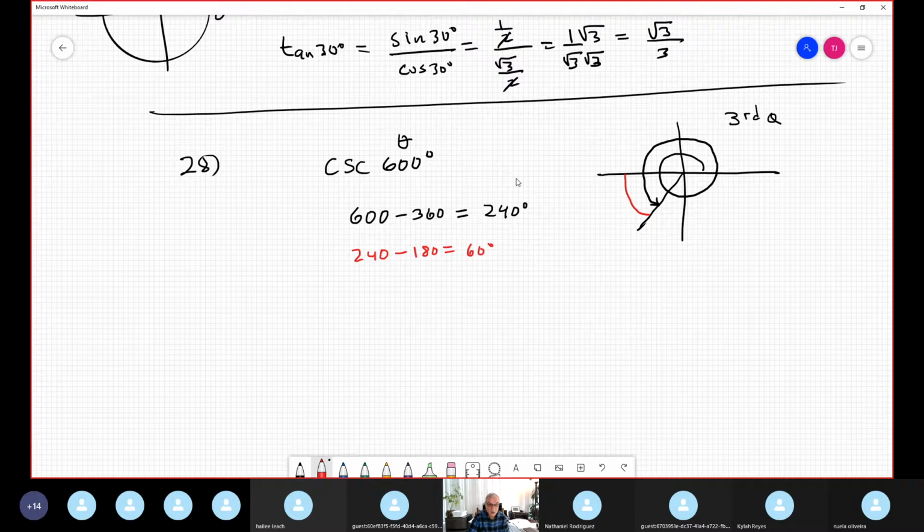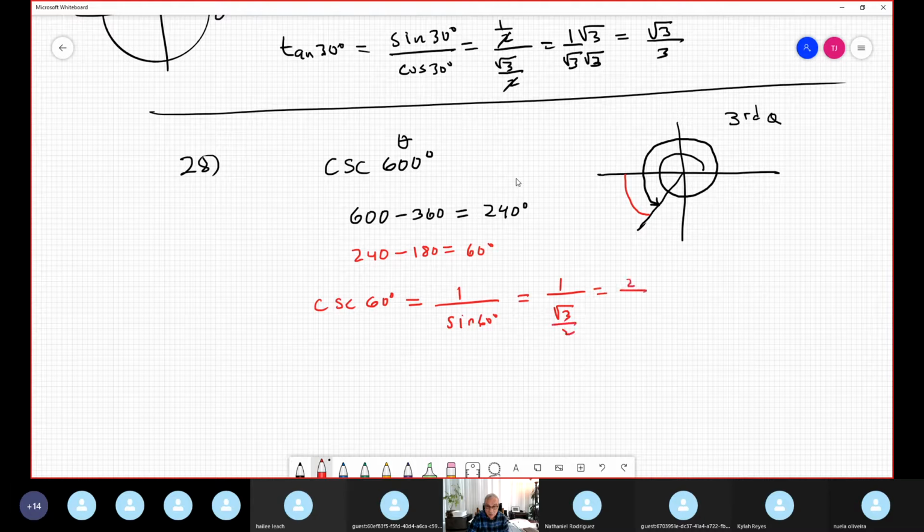I know that cosecant 60 degrees, at least the actual value, is equal to cosecant 600. So it is 1 over sine 60, reciprocal. And I know that this is radical 3 over 2.